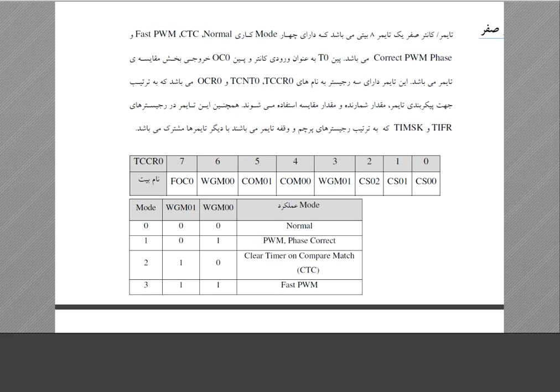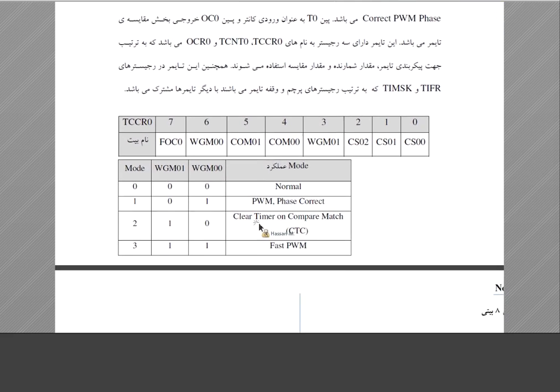Each of them is the same, and this time the timer will be cleared. CTC means clear on compare match. And this mode is for fast PWM. We will see these 4 modes in detail.